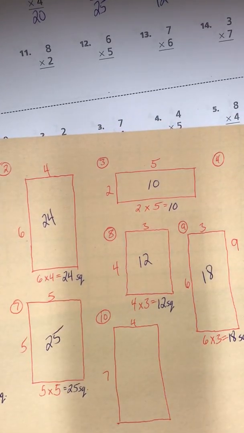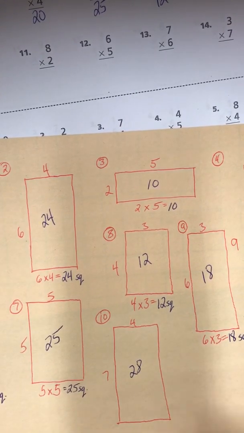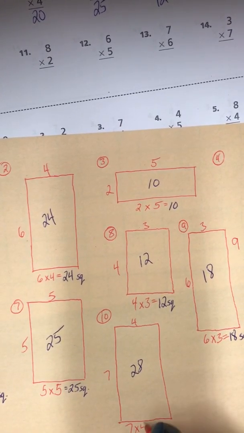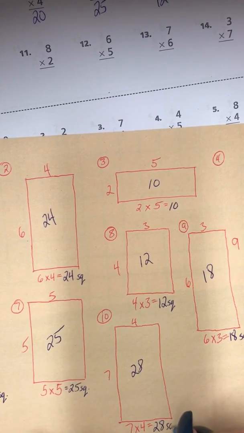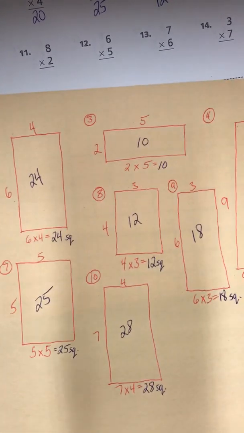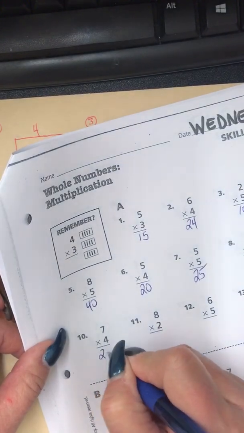Okay, 28. Oops, I forgot to write my multiplication sentence. 7 times 4 equals 28 squares. See that there? Okay, 28.